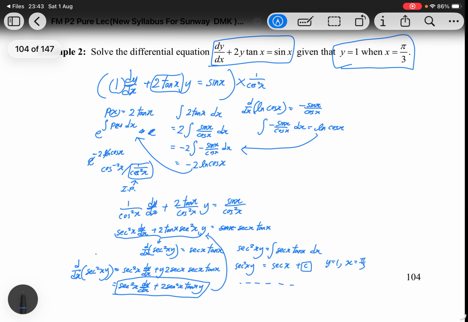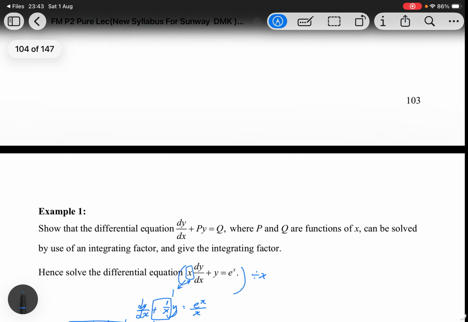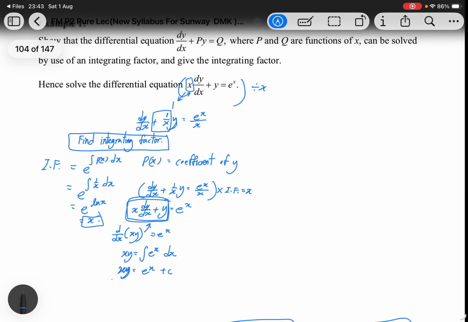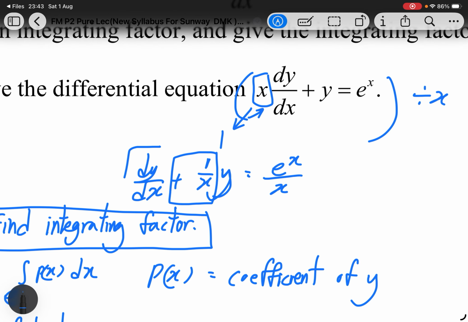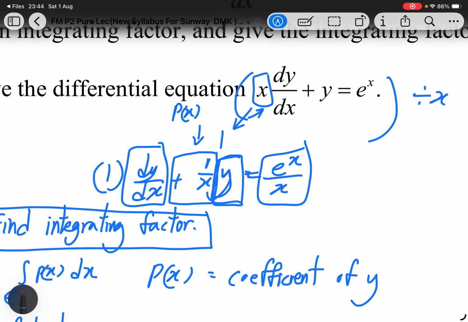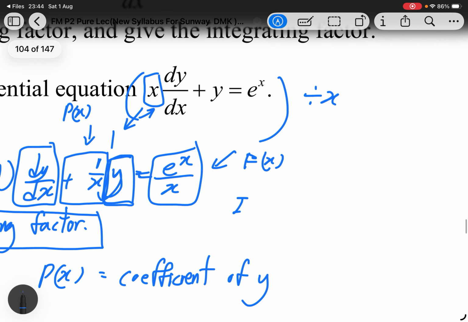So for the whole process of solving a first order differential equation, it's just arranging it into dy/dx with a coefficient of 1, and then y with its coefficient, which we call P(x), equals a function of x, f(x). And then you get your integrating factor, which equals e to the power of the integral of P(x) dx.